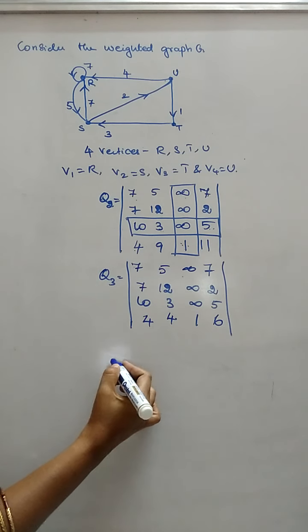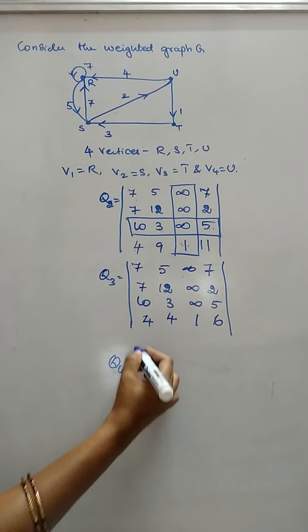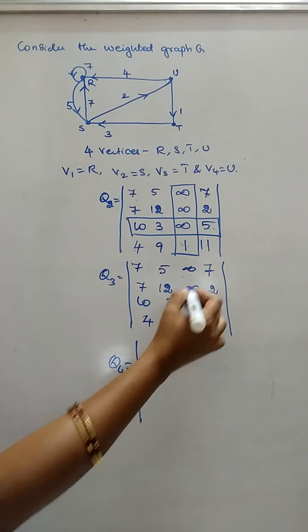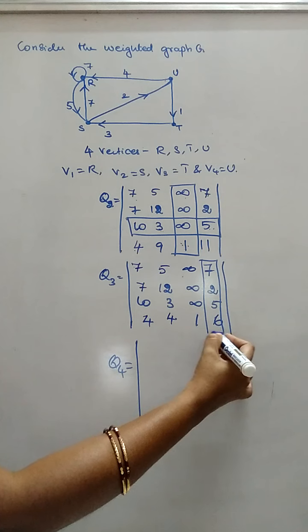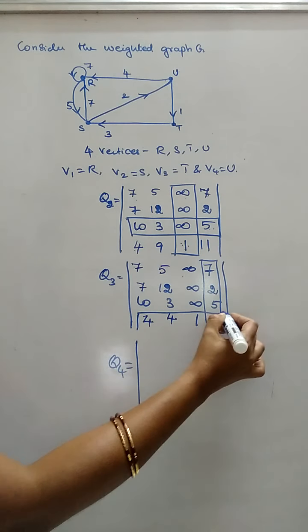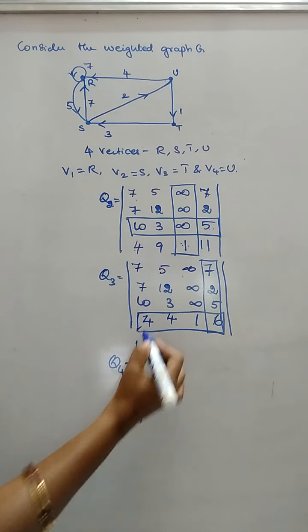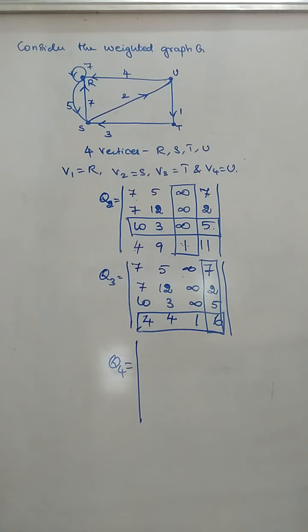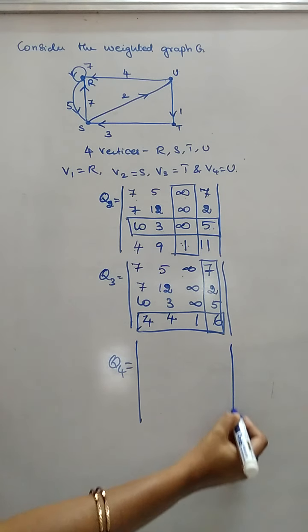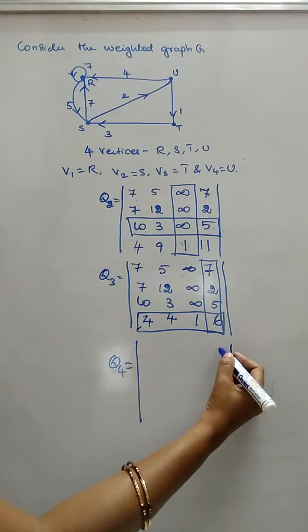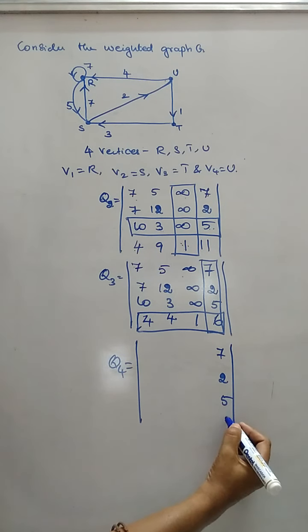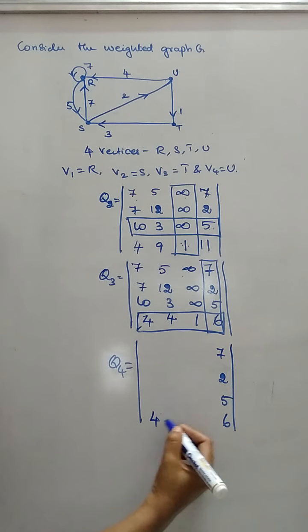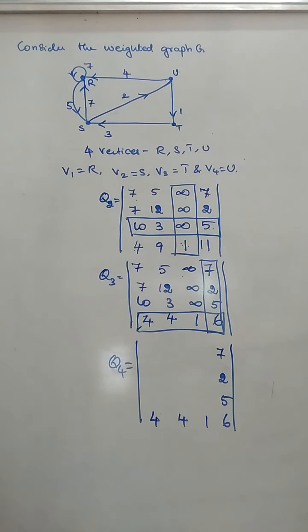Okay. So next I am going to derive Q4. So for deriving Q4, I am just going to take the fourth column and the fourth row. So here I am writing 7, 2, 5, 6, 4, 4, 1.